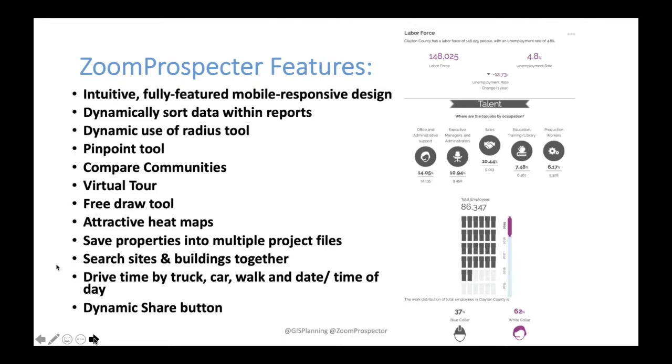We also have made our data dynamic. That means you can sort the data within reports and see it adjust on the fly. There's a dynamic radius tool, so you can drag it across the screen and have the data changes immediately reflected in the reports. There's a share button, and I always call this our superpower.